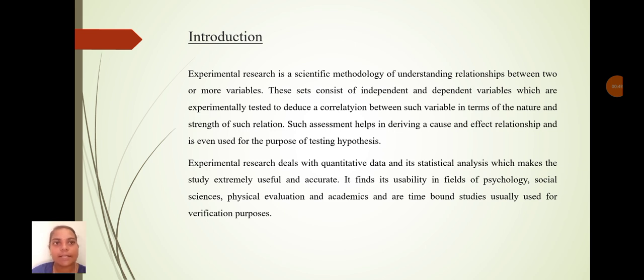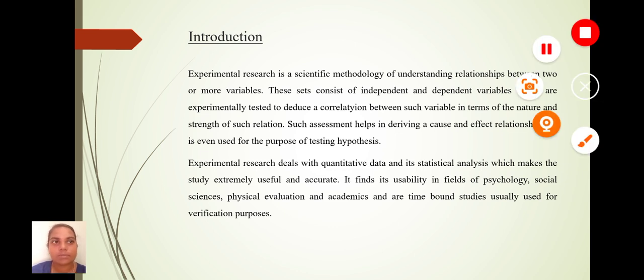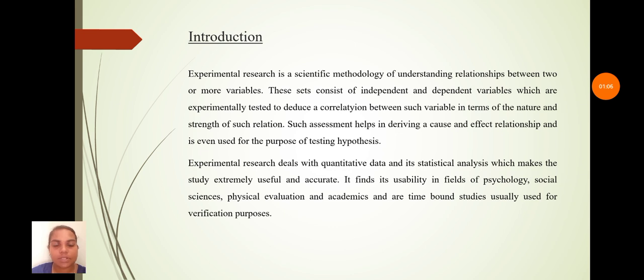Such assessment helps in deriving a cause and effect relationship, and it is even used for the purpose of testing hypotheses. Experimental research deals with quantitative data and its statistical analysis, which makes the study extremely useful and accurate.